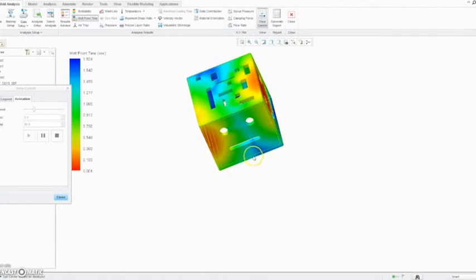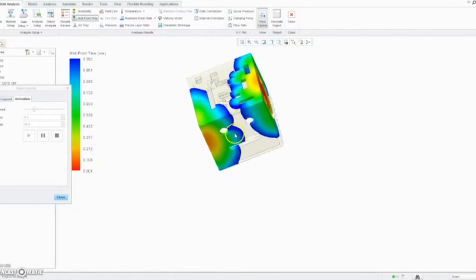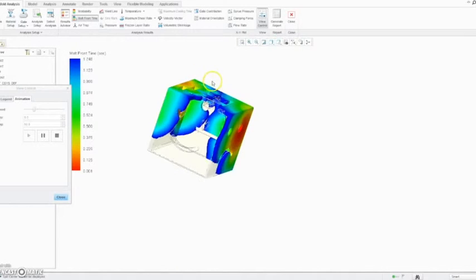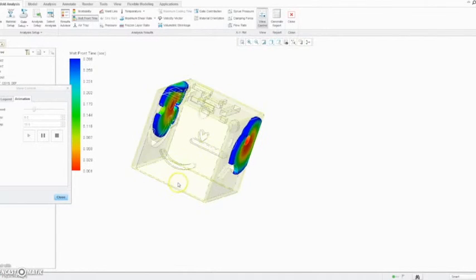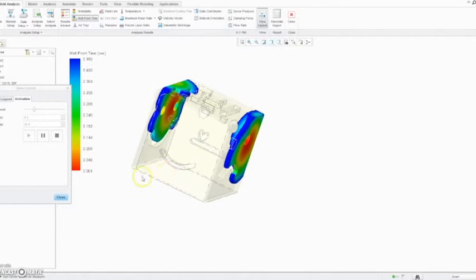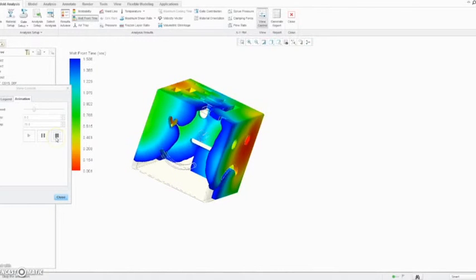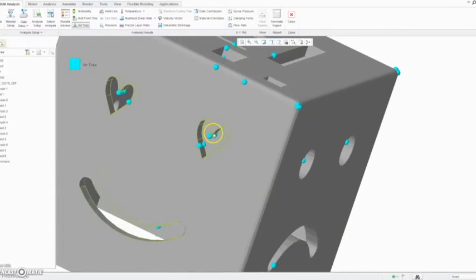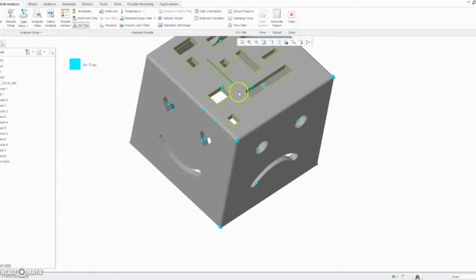Again, the two red spots are the gate positions, and the last bits to get filled are again on the hard side. Lovers always get the worst. Well, either way, now we see how the actual molding process can be simulated using a typical software package such as Creo Parametric.